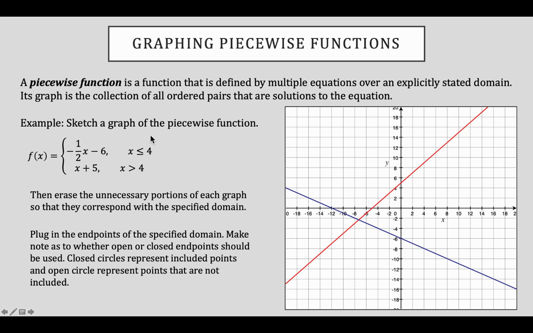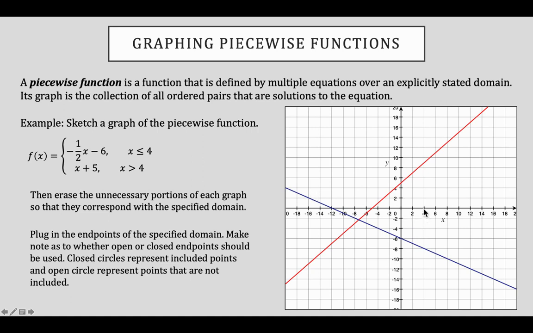So notice, if we plug in 4 into the first piece of this piecewise function, I get negative 1/2 times 4. That's negative 2, minus 6 gives me negative 8. So I should have the point (4, negative 8) on my graph.